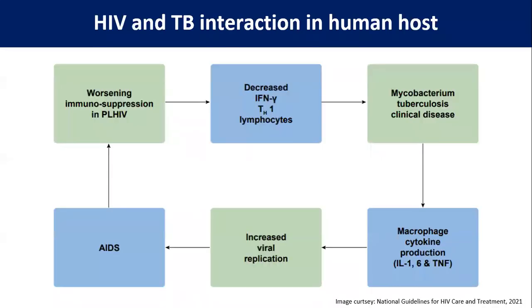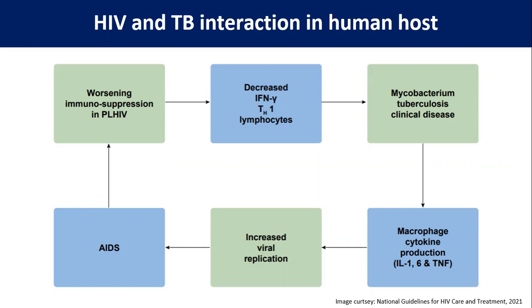Now, to know a little bit about how HIV and TB interact: first, when the person is infected with HIV, there is immune suppression. We know the CD4 count goes down, and CD4 is the prime site for pro-inflammatory cytokines, particularly interferon gamma.